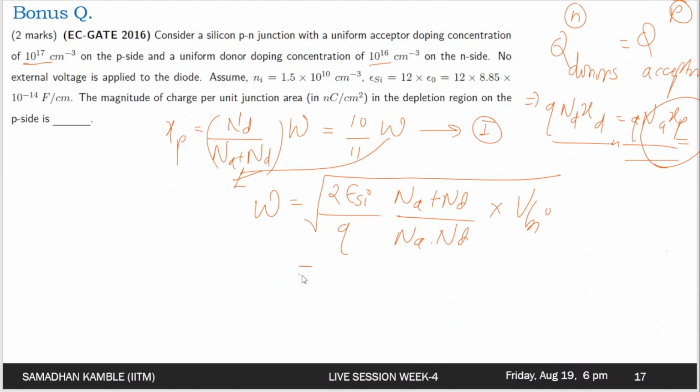I'll skip the substitution, and the value of W we can get, but for that V_bi is also not given. So the built-in potential needs to be determined first.